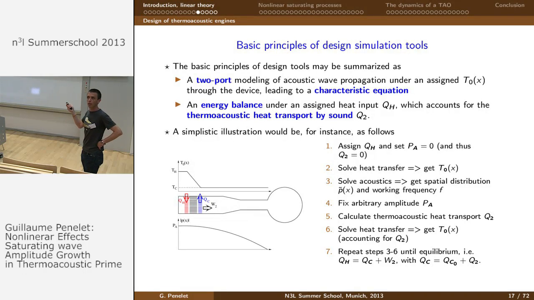And from this temperature distribution, we can calculate the spatial distribution of the acoustic field, from which we can calculate the thermoacoustic amplification rate. And therefore, we can calculate the heat transport by sound. And we repeat these steps until we have thermal equilibrium. So this is the basic idea of the design simulation tools.